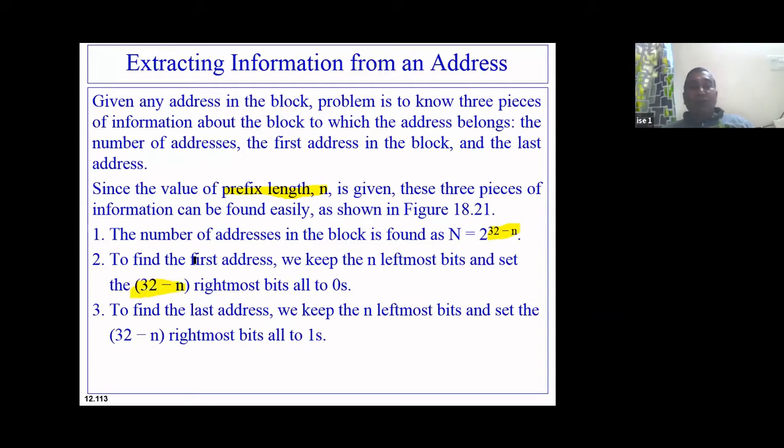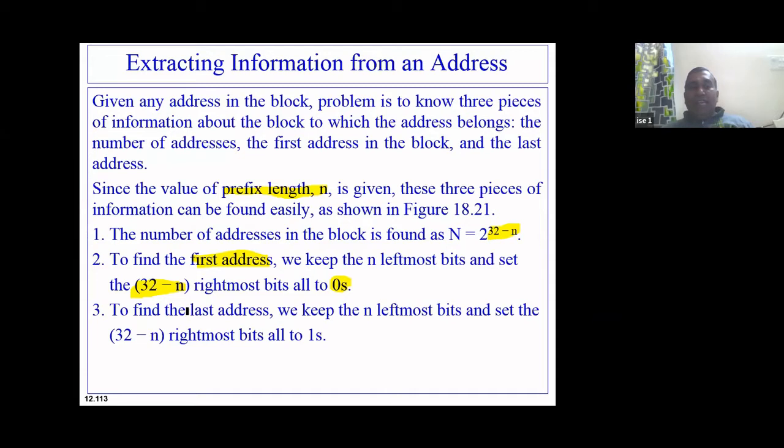If I want to find the first address, I'll show through an example how exactly it can be done. To find the first address, that means the network address, I have to take the n leftmost bits as they are, and the 32 minus n rightmost bits I'll convert to 0.